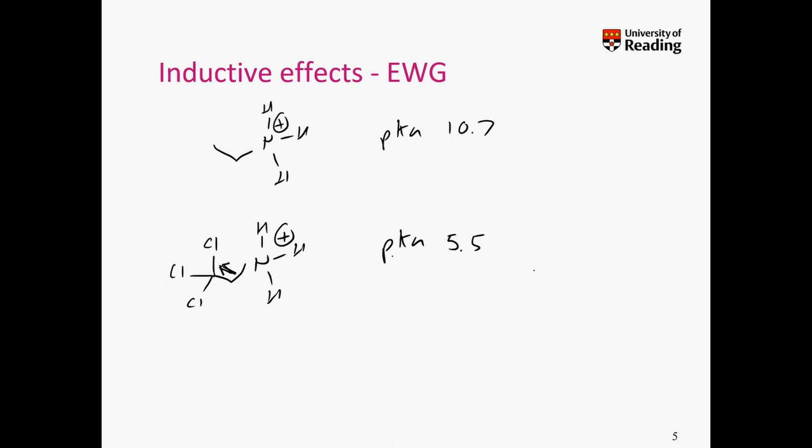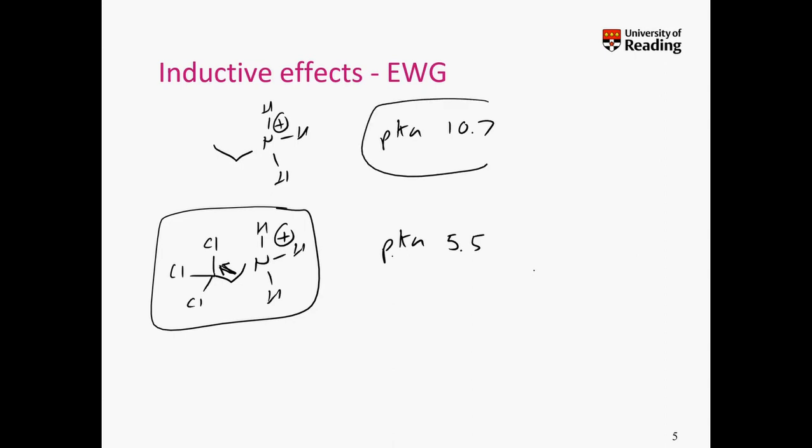In this case, the pKa of 5.5 shows that the conjugate acid, the ability for this molecule to lose that proton, is very high. It would much prefer to just lose that proton and get the electrons back, and so it has a lower pKa. The higher pKa of 10.7 up here shows that this molecule is actually a better base.